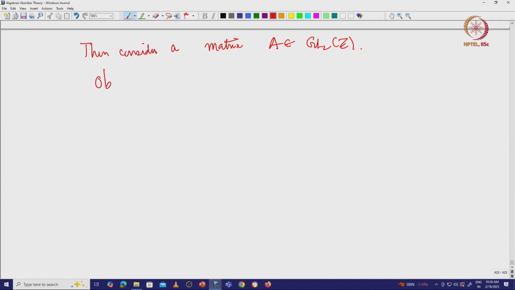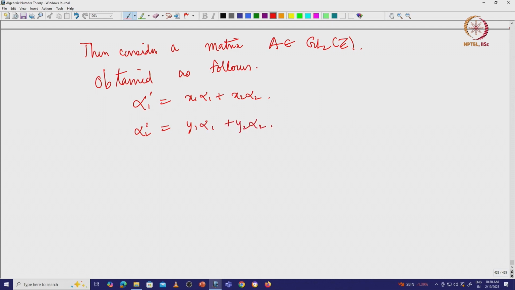You write alpha 1 prime as x1 alpha 1 plus x2 alpha 2, and you write alpha 2 prime as y1 alpha 1 plus y2 alpha 2.